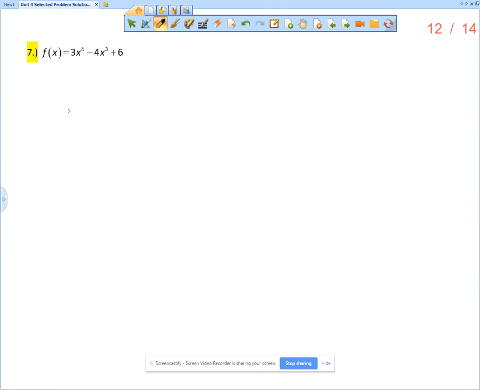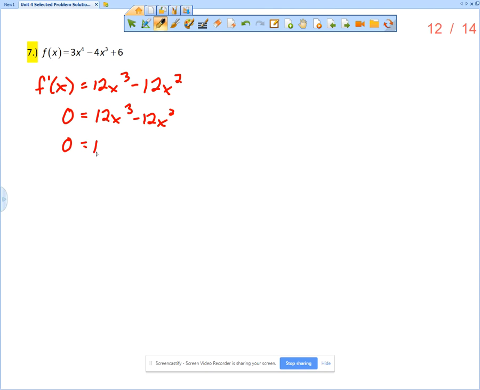So the first thing we need to know is when does f prime equal 0? All right, so f prime of x is 12x cubed minus 12x squared. So that's f prime, and now we want to set that equal to 0. So 12x cubed minus 12x squared equals 0.